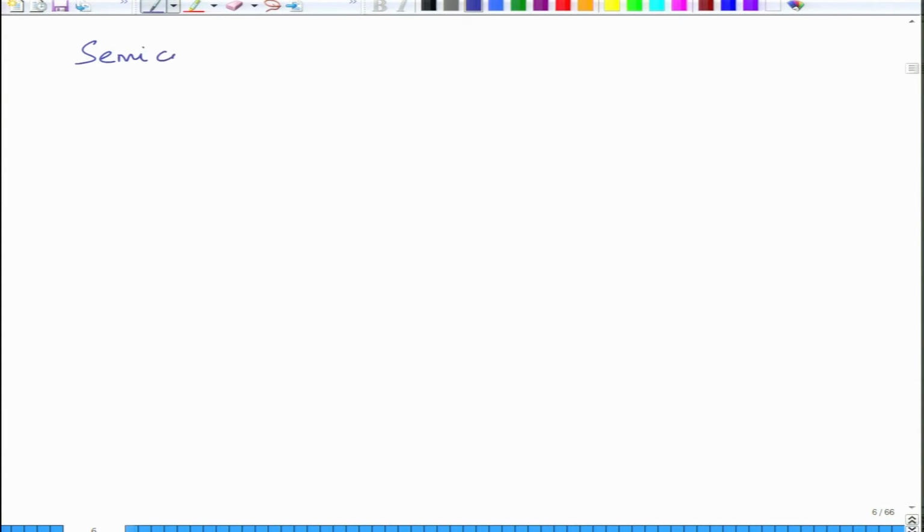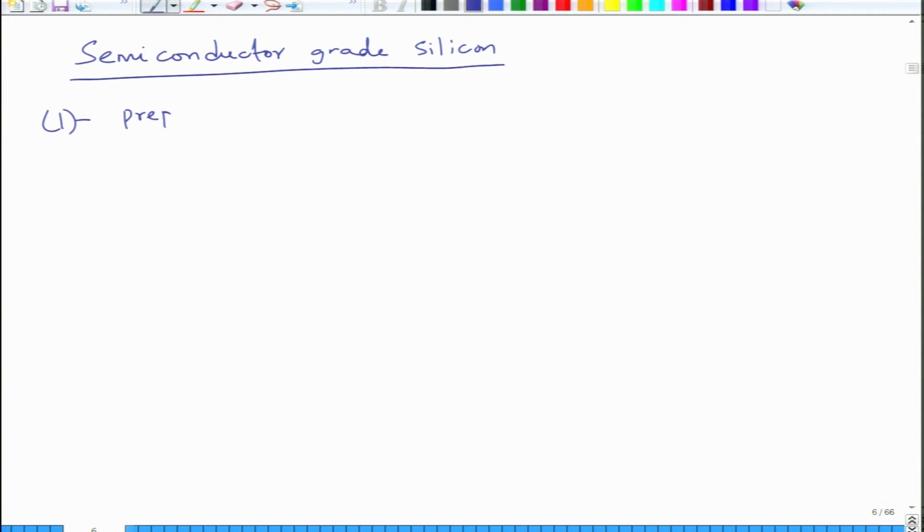The semiconductor grade silicon is made from the silicon that we obtain by first making volatile silicon hydride, SiH4.